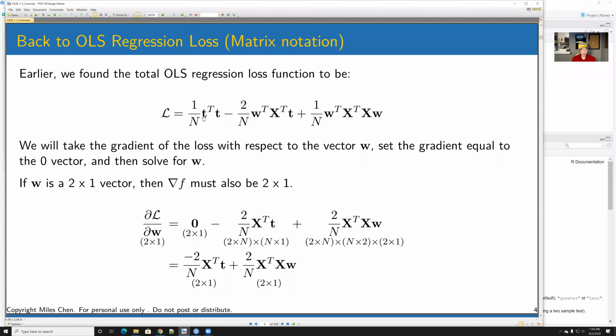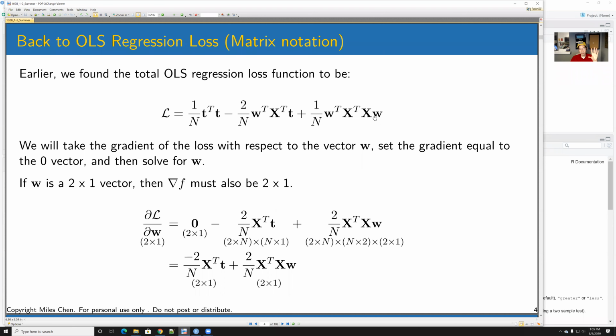And so if you represent them with matrix notation, we've got t transpose t minus, and then w is the vector of coefficients. In our case, w is a 2x1 vector with an intercept and a slope parameter. After multiplying out the loss function, we get w transpose x transpose t plus w and then w transpose x w, okay?